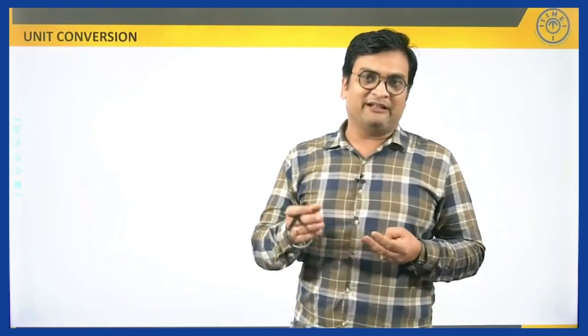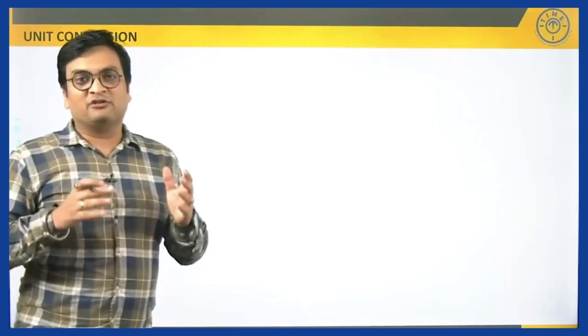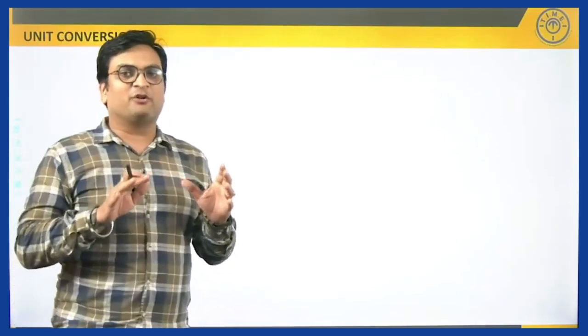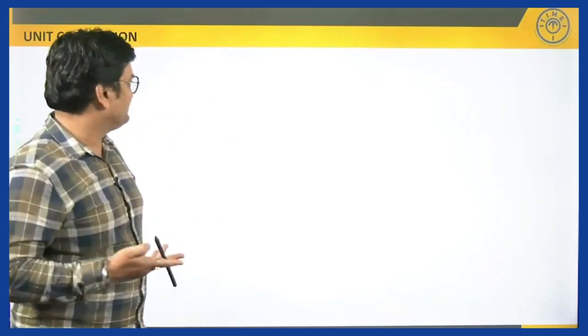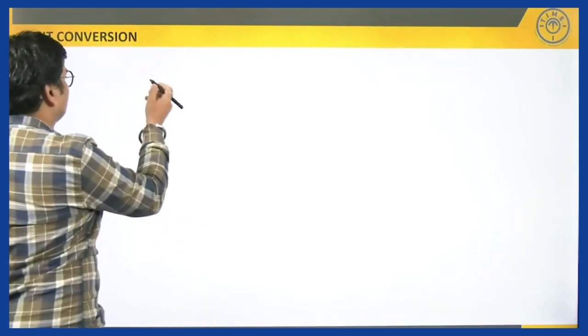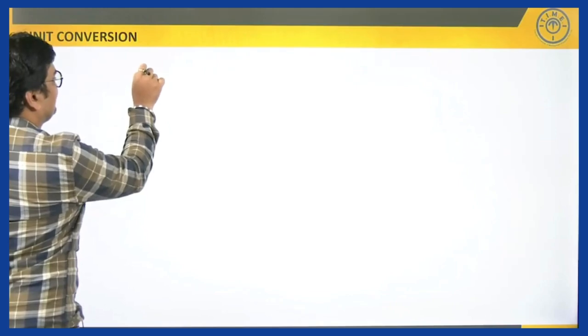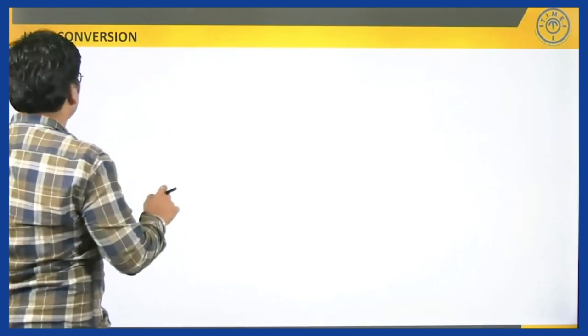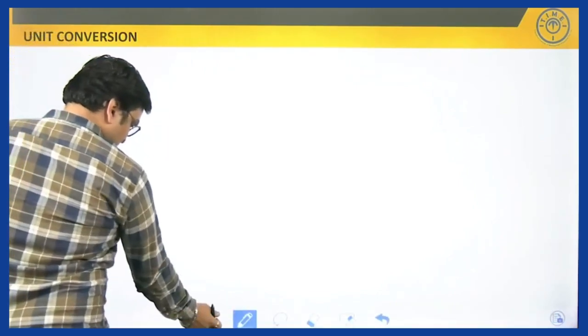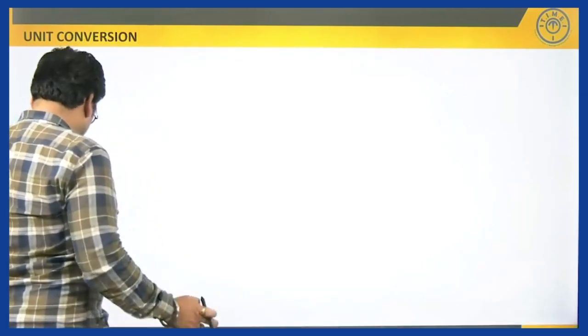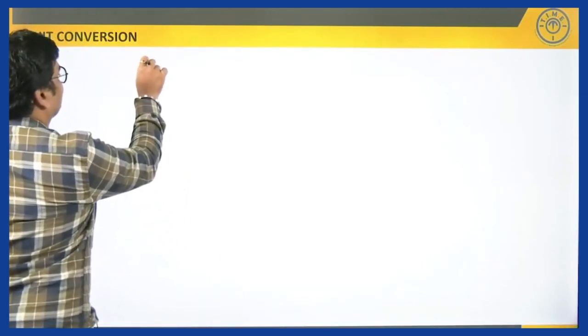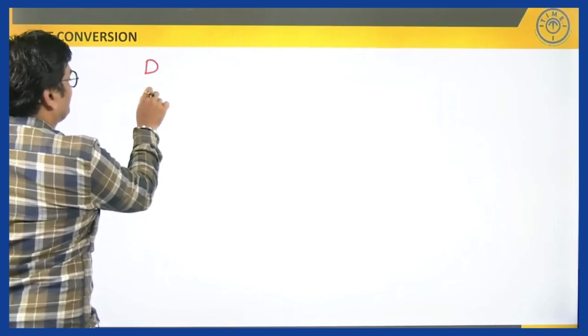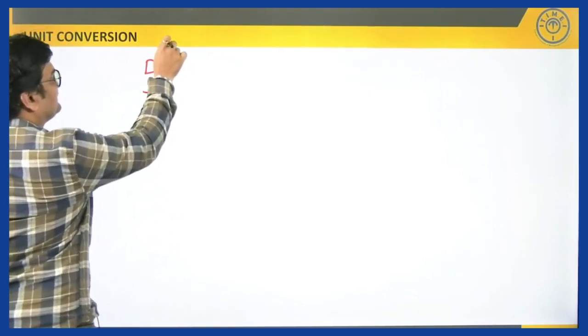Likewise, time could be measured in either minutes or seconds or hours or days perhaps. So there could be several units, but the commonly occurring units that we have in our competitive exams for the three variables that we'll cover, which are distance, time and speed, are the following.